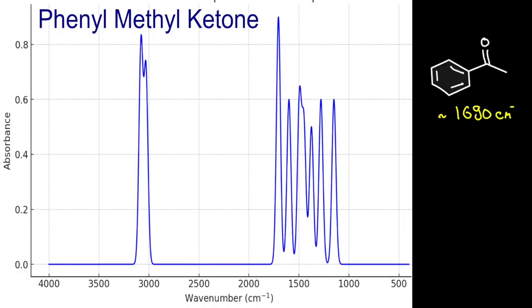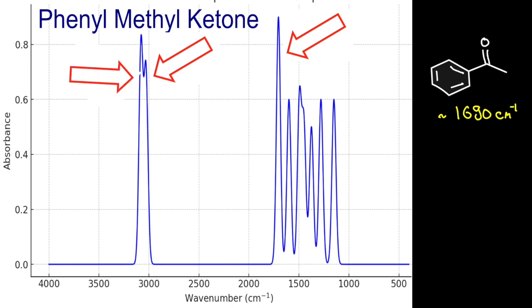Similarly, for phenyl methyl ketone, the carbonyl is below 1700 cm^-1. Oh look, we can see the sp3 carbon-hydrogen stretch at around about 3000 cm^-1, and the sp2 hydrogens of the aromatic system above that.